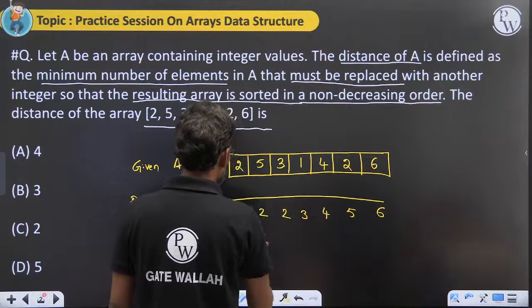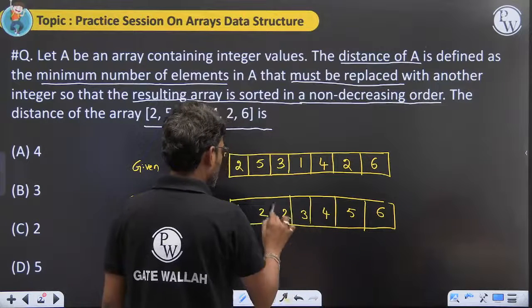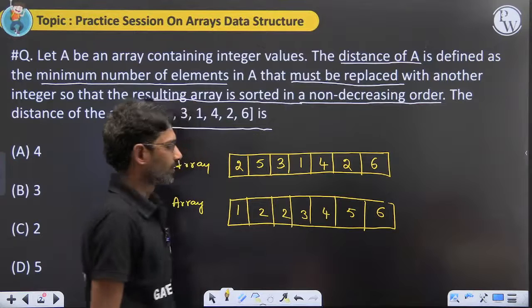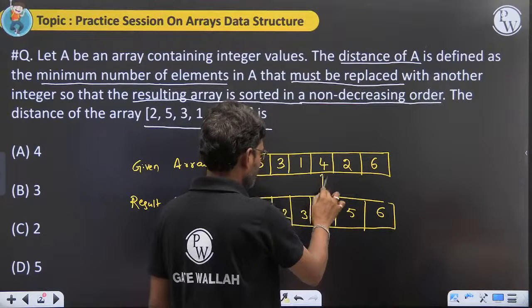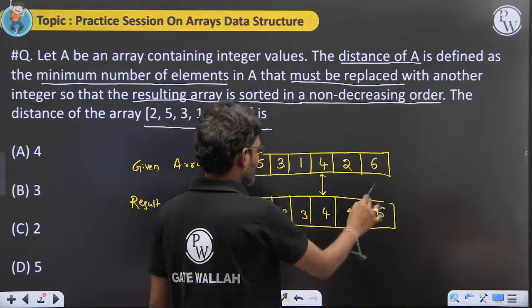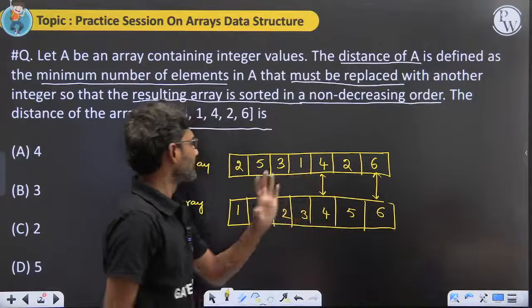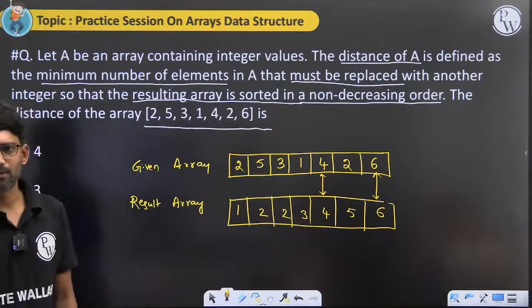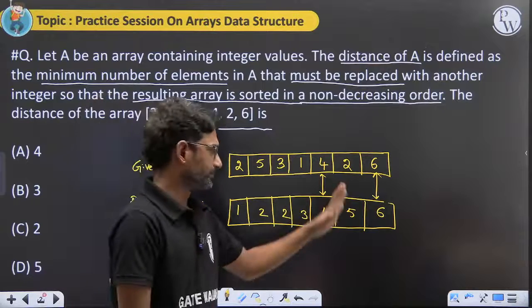So if you just observe the resultant array and the given array, we have 4 in the same position, 6 in the same position. 4 and 6 are in the same positions. So we need not actually do any replacement for them.